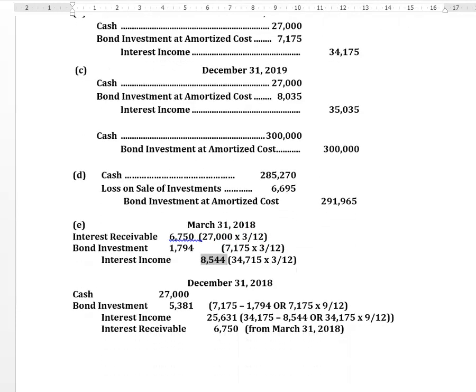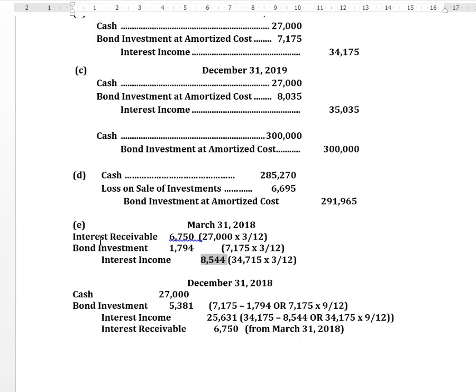So now that you've got the adjusting entry done, how is that going to impact the look of your entry at December 31st, 2018? Don't forget, regardless of when your year end is, December 31st, based on the bond contract, that's still going to be the date you get your interest payment.